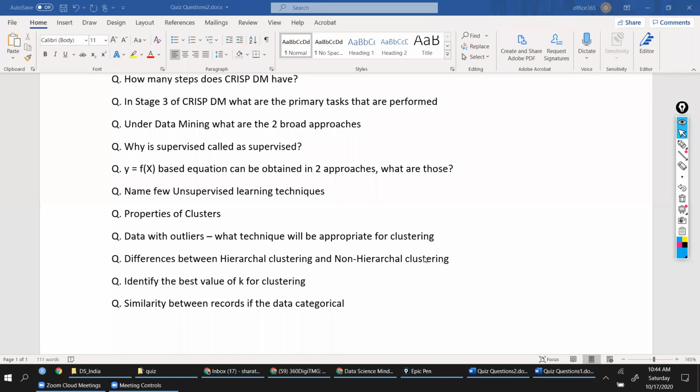There's another technique that we can apply, which is Gower's general dissimilarity rule. That is also something that we apply.